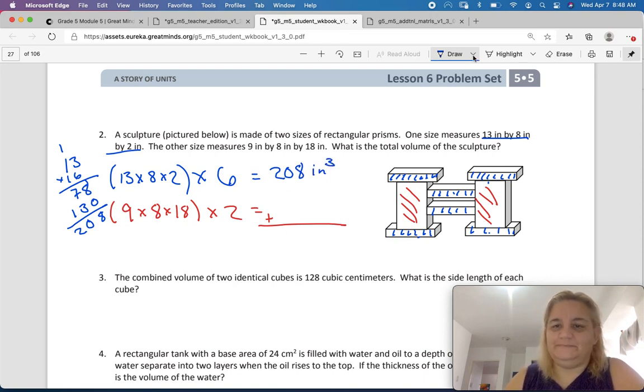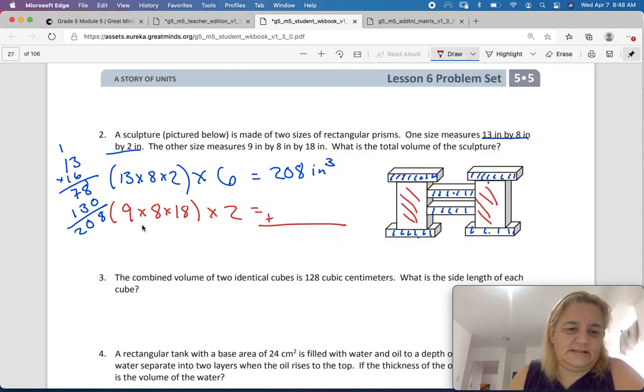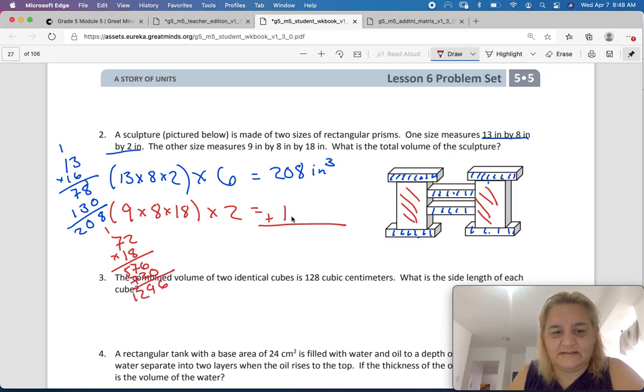And this one is 72 times 18. So that's 16, 56, 57, 2 and 7, 6, 9, 12. Okay, so that's 1,296 inches.